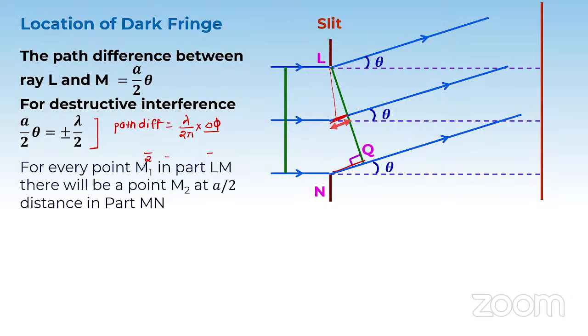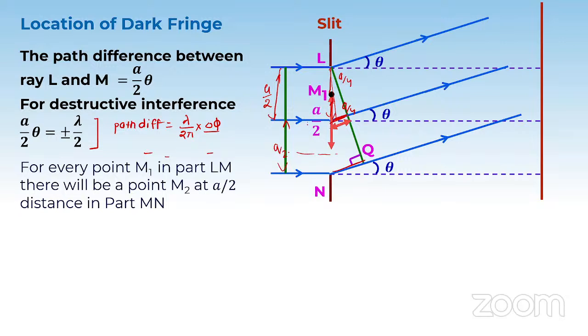So for every point M1 in part LM, there will be a point M2 at A by 2 distance in part MN. Look, now if this distance is A by 2, here to here it will be A by 4. This is also A by 4. And again it is A by 2 also.